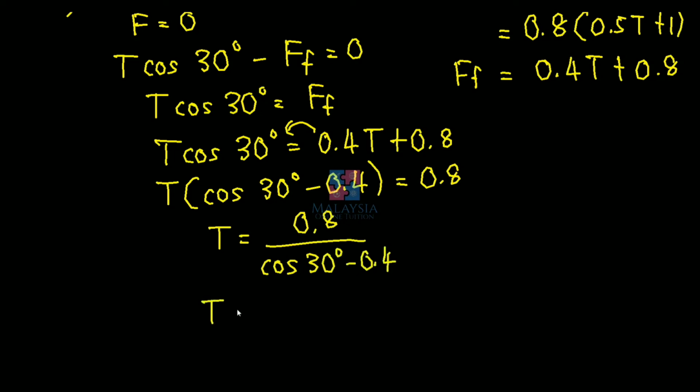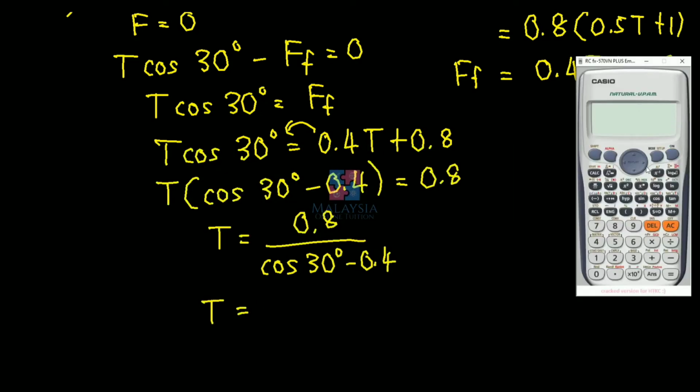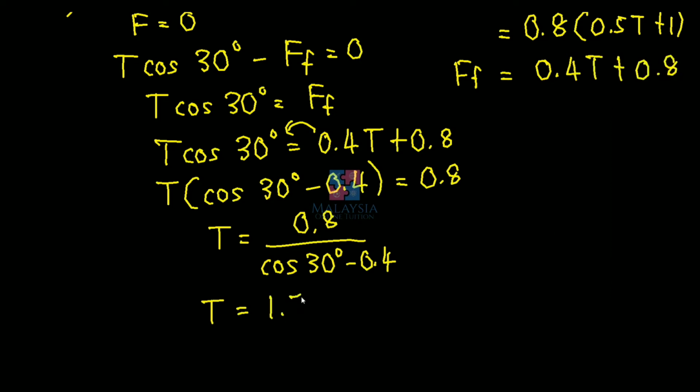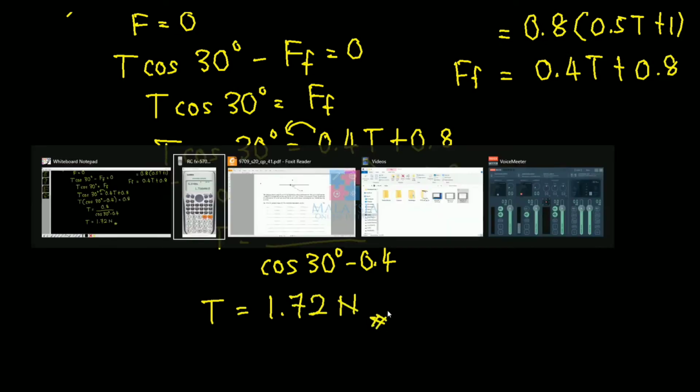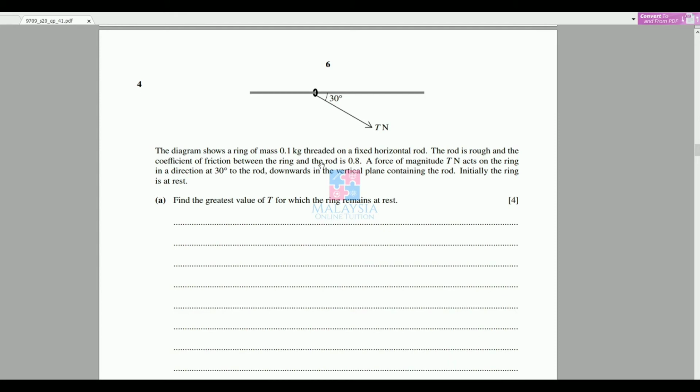Let's see what's the answer. You will get cos 30 degrees and then minus 0.4, 0.8 divided by answer. You will get a final answer of 1.72 Newton, correct to 3 significant figures, and this will be the final answer for question number 4, part A.